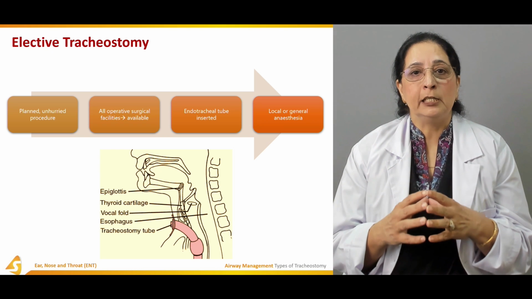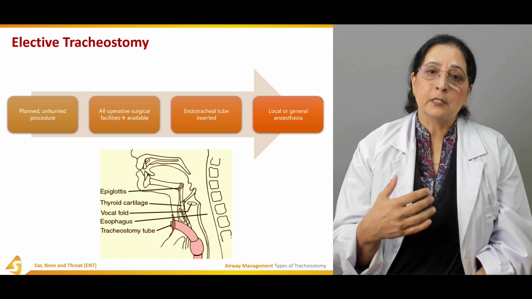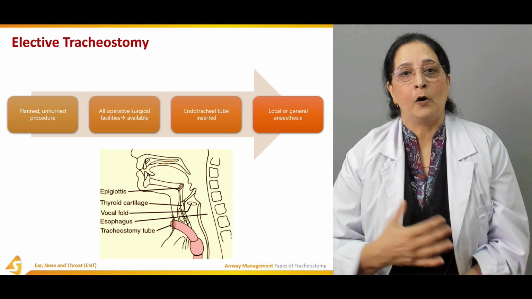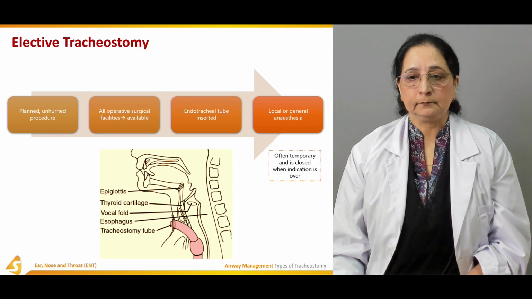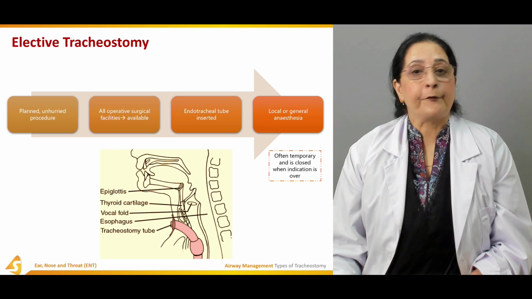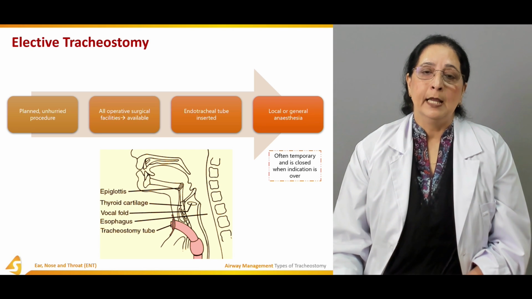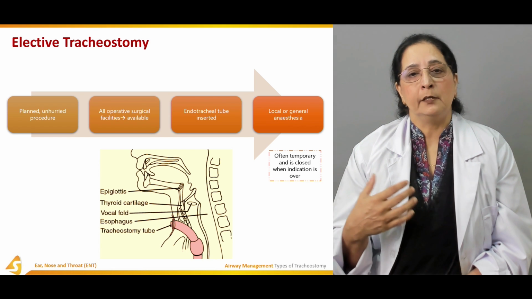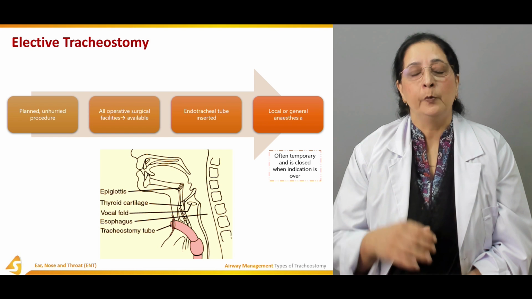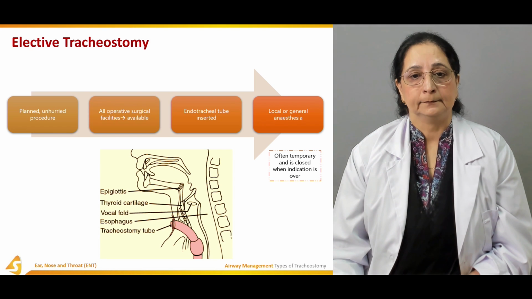So endotracheal tube is inserted, anesthesia is given because we have time to perform all these steps and procedures. Often temporary and is closed when indication is over. The elective tracheostomy is temporary. We remove the tube after the indication is recovered.